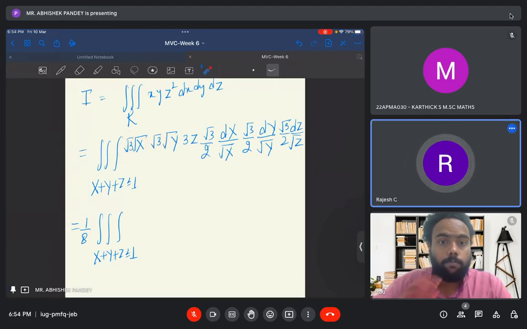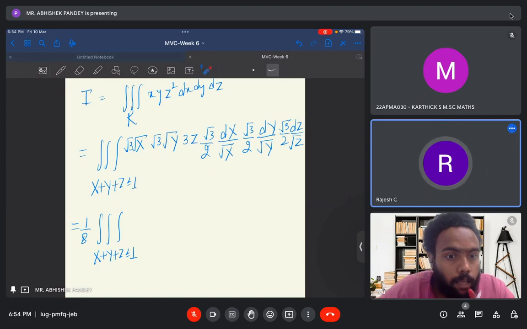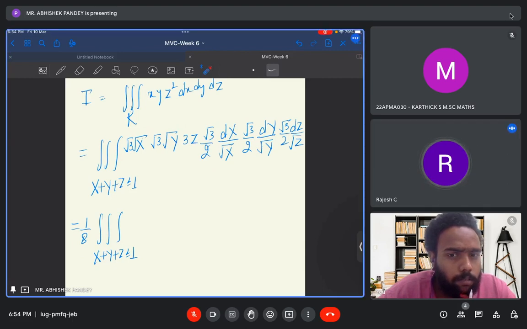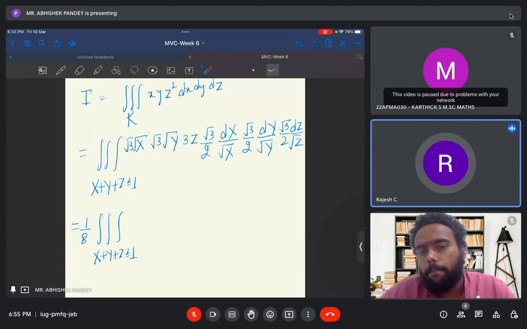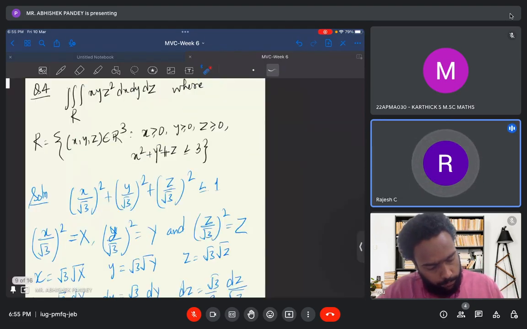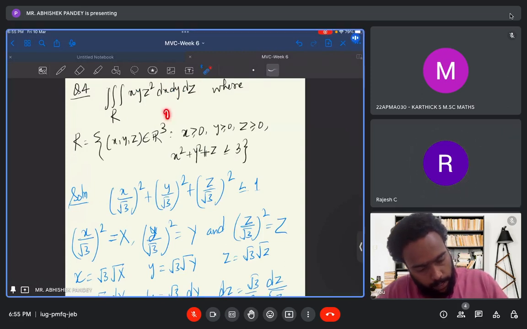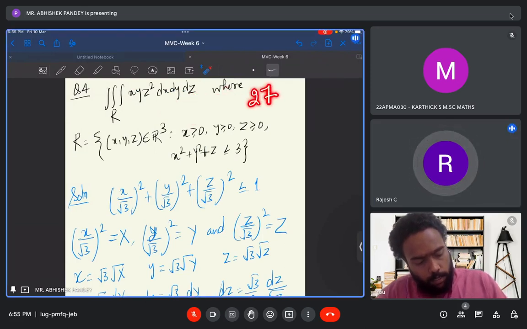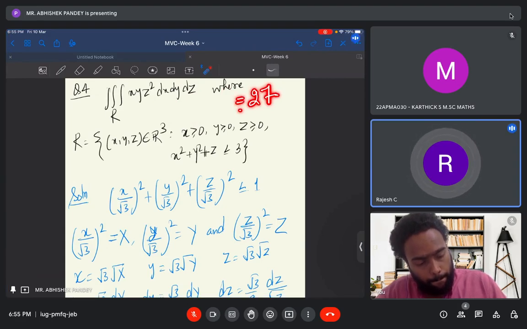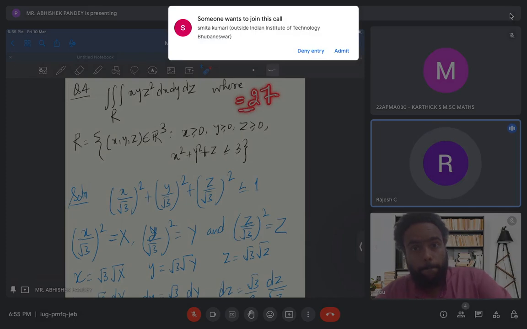Hello, sir. Yes, Rajesh. Sorry to disturb you, sir. Yeah, please. In the exam, the question is given by x square plus y square plus z square is equal to root 27. What is given? 27, yes sir. The question is the integral over the region R of x square, y square, z square.